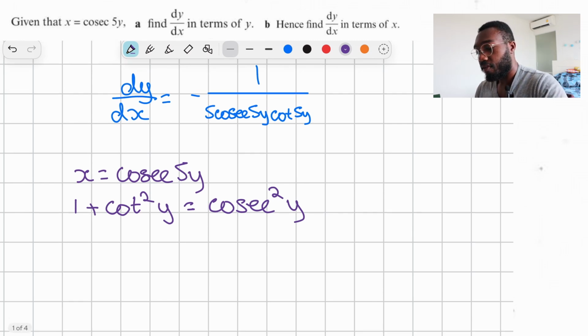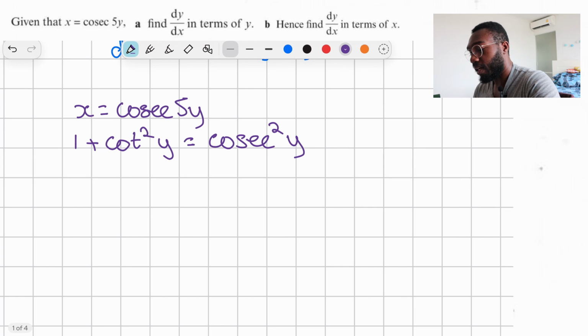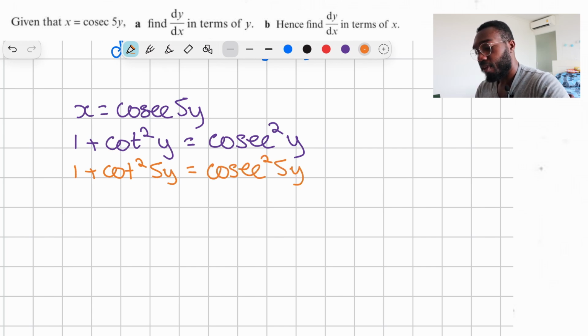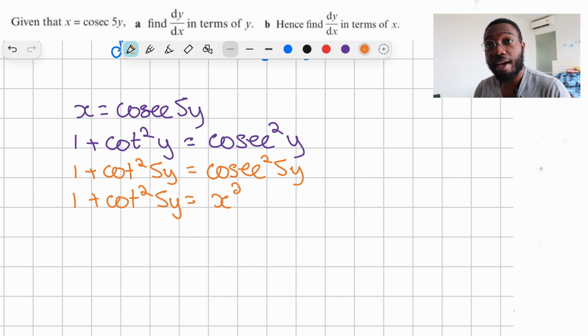In our case, we have 1 plus cot squared 5y, and that would equal cosec squared 5y. And if we know that cosec 5y is equal to x, then we know that 1 plus cot squared 5y must equal x squared, because it's cosec squared.